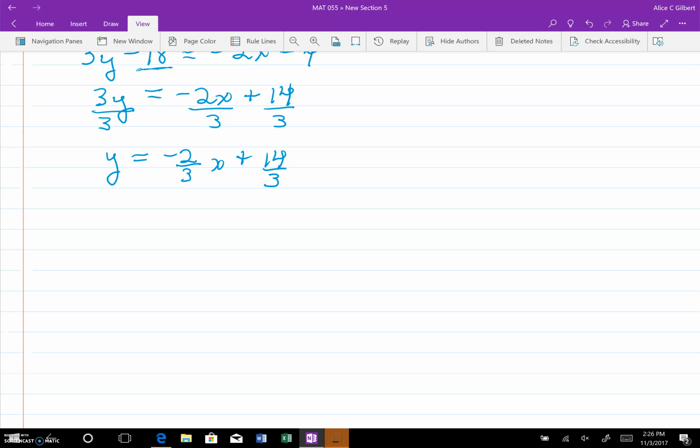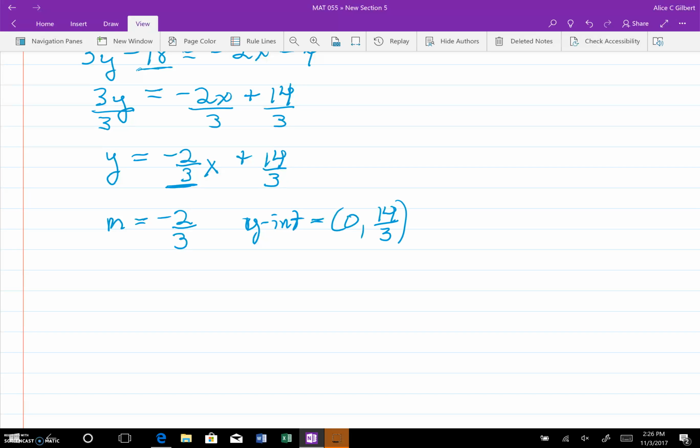Okay, so now my slope is negative 2/3. Remember, right here, never the x, just the number in front of it. And if there's no number in front of it, then your slope is 1. And our y-intercept point is 0 because the x-coordinate in a y-intercept point is always 0, and then 14/3.